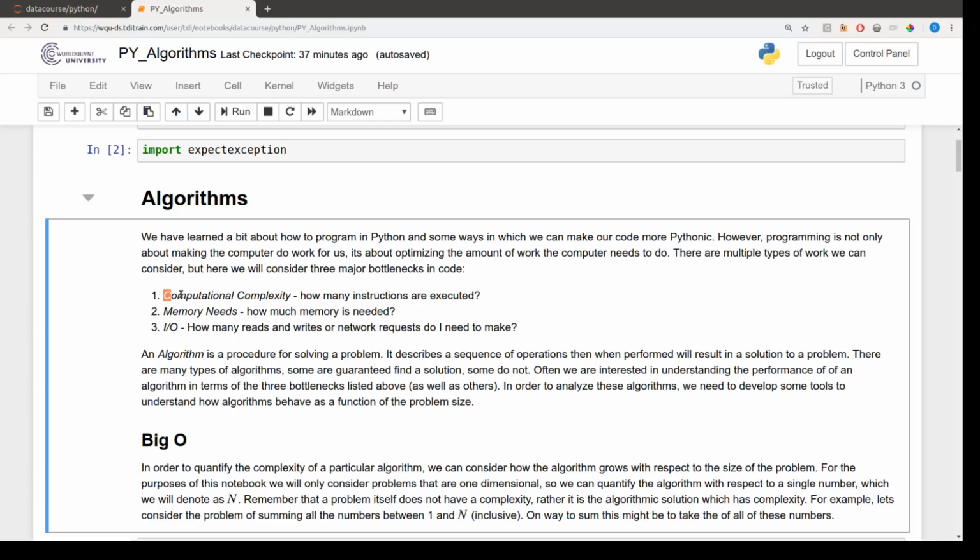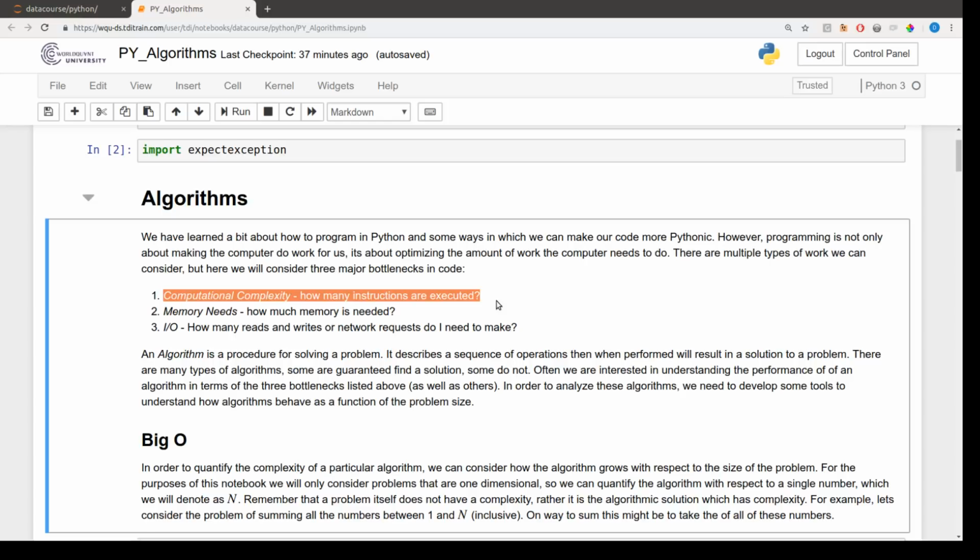So one is time. How many instructions do we need to execute? We have a limited amount of time to solve the problem. Certainly, if we want to accomplish some task, we would like it to take less than our lifetime. So it should take less than 80 or 90 years if you're lucky.